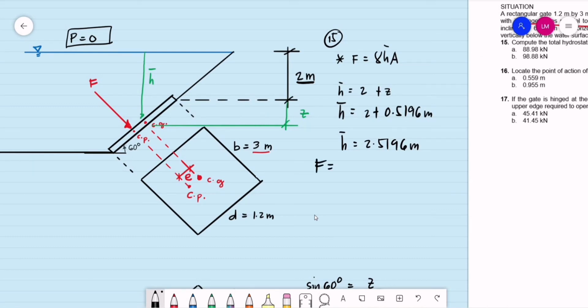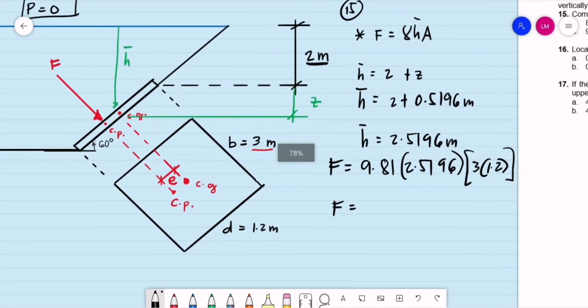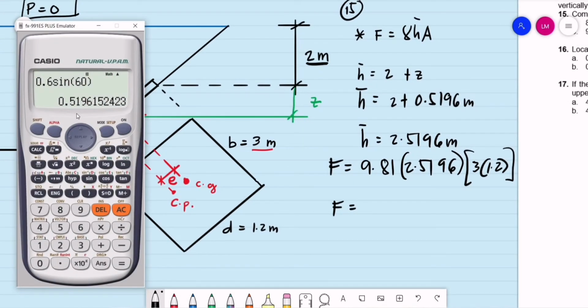Kung alam na natin yung value ng bar H, we can have the equivalent of the total hydrostatic force. So this is water, 9.81 kilonewtons per cubic meter, times yung na-compute natin na bar H is 2.5196 meters. Ano yung area ng gate? It is 3 meters by 1.2 meters. So, computing for the total hydrostatic force, so that will be 9.81 multiplied by yung ating bar H, 2.5196 multiplied by the area is 3 by 1.2.